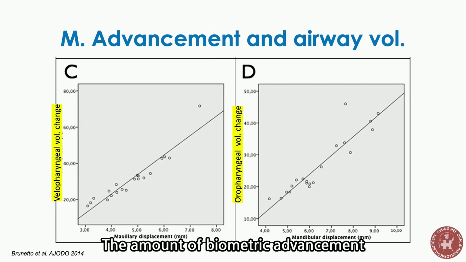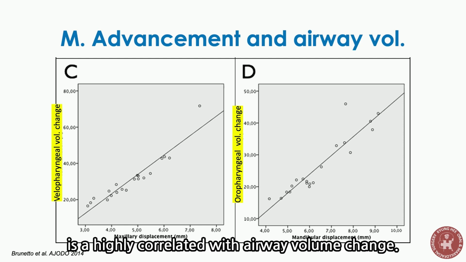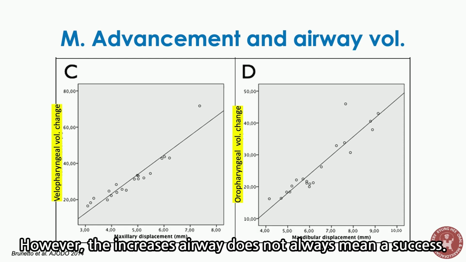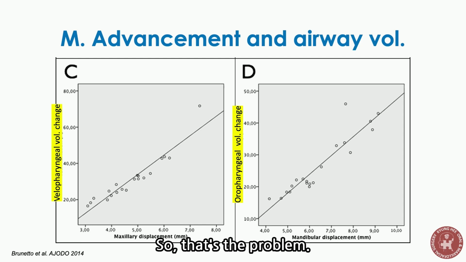The amount of bimaxillary advancement is highly correlated with the airway volume change, as arithmetic prediction of volume increase is possible when an MMA is done. However, the increased airway does not always mean a success. So that's a problem.